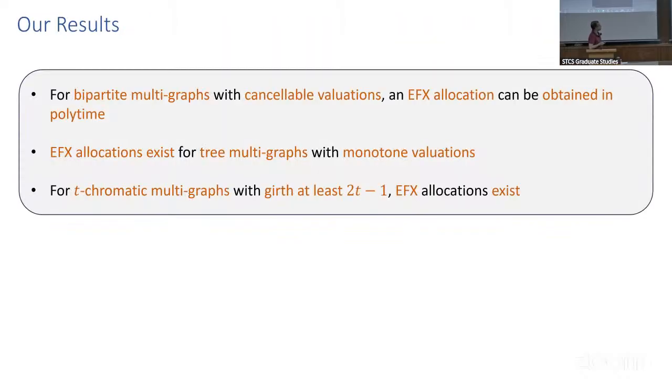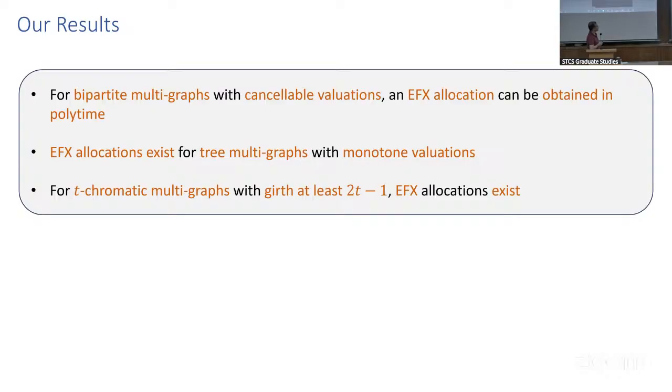We could partially answer this question. We showed that for bipartite multigraphs with cancelable valuations, EFX allocations always exist and can be computed in polytime. We also showed that EFX allocations exist for tree multigraphs with monotone valuations, and for T chromatic multigraphs with girth at least 2T minus 1.